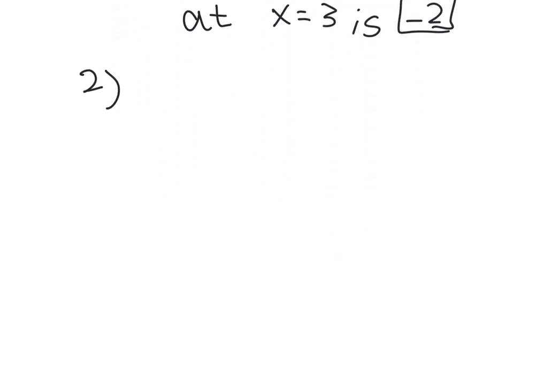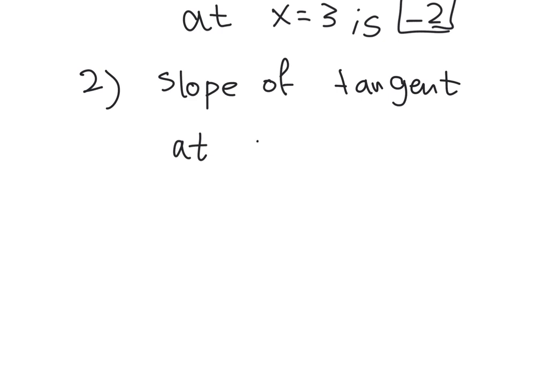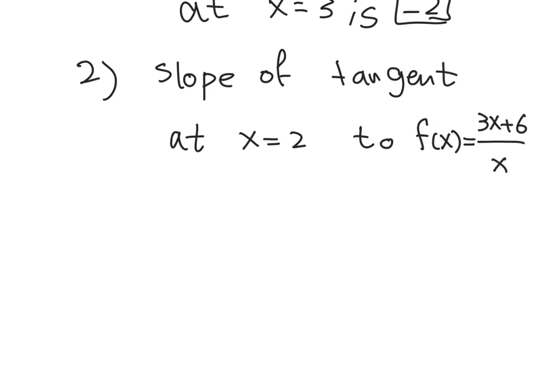Let's do the second example. The second example is a rational function. Find a slope of tangent at x equals 2 to f of x equals 3x plus 6 over x.